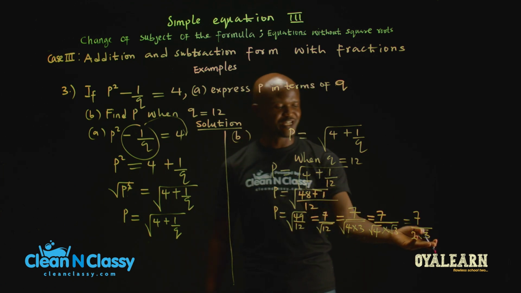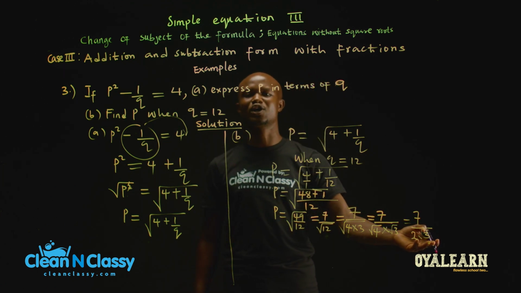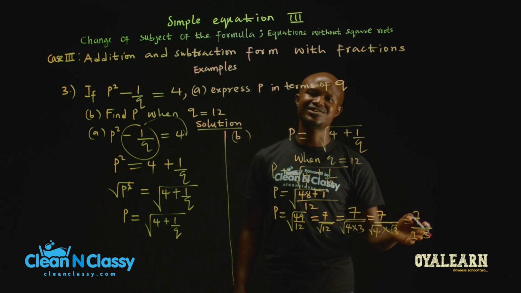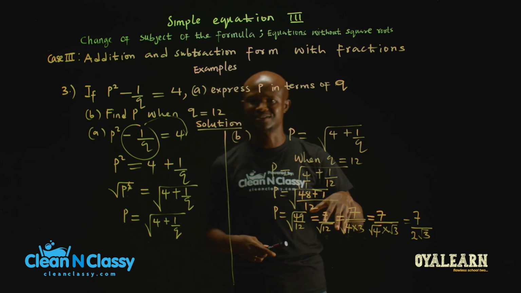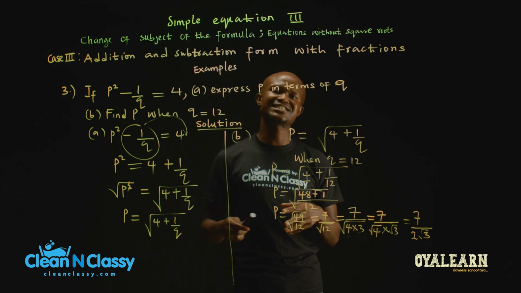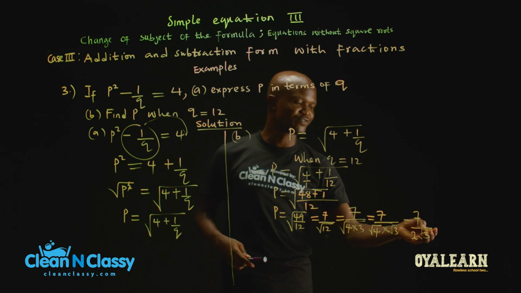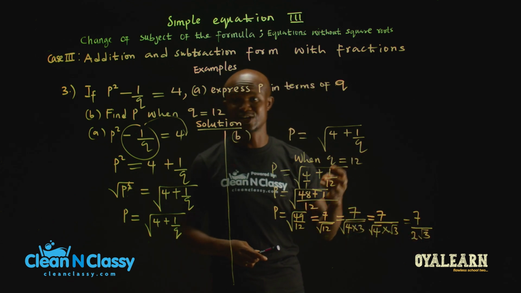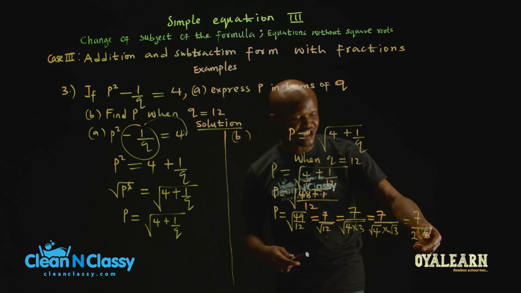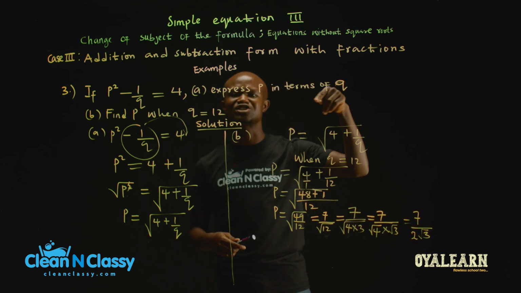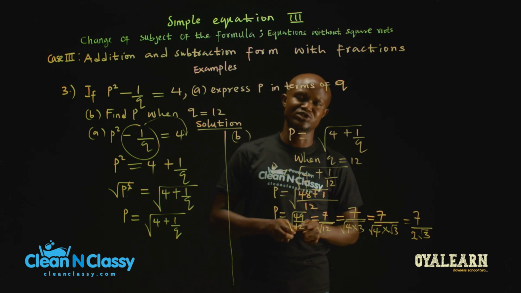Now, we need to remove this root 3 at the denominator because root 3 is an irrational number. So for us to make the denominator rational simply means we should turn the square root of 3 into a whole number. And how can we do that? We are going to use this irrational number to multiply both numerator and denominator.